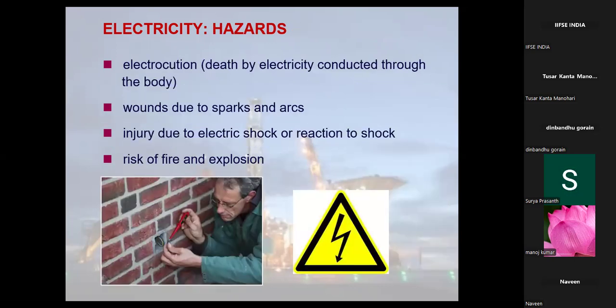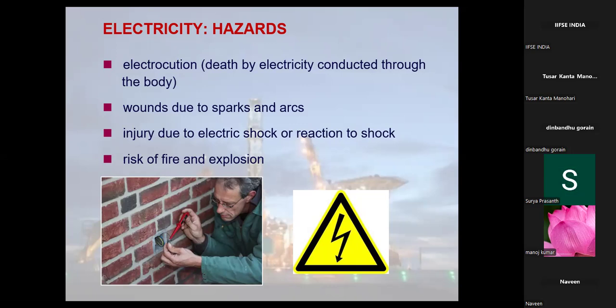Now, apart from that, there is electrocution, that is the death by electricity conducted through the body. That is what we call electrocution. The other things that can happen when you encounter electricity can be wounds due to spark or arcs, injury due to electrical shock or reaction to the shock.